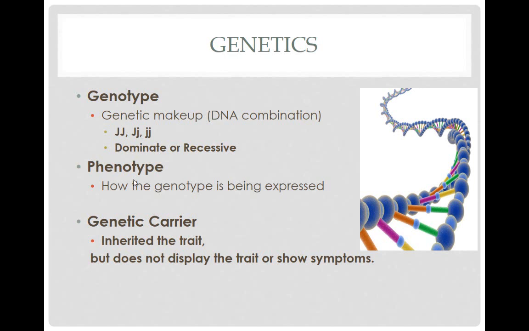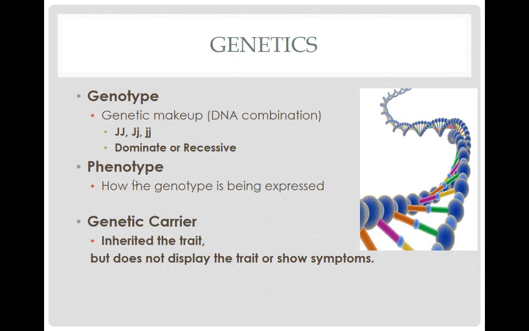Okay, so a genetic carrier is where you've inherited the trait, if you will, but it does not display the trait or show the symptoms. So you may inherit that trait, you may be a carrier of it, but it's not actually phenotyping or showing or expressing that particular trait, and that's certainly the case.